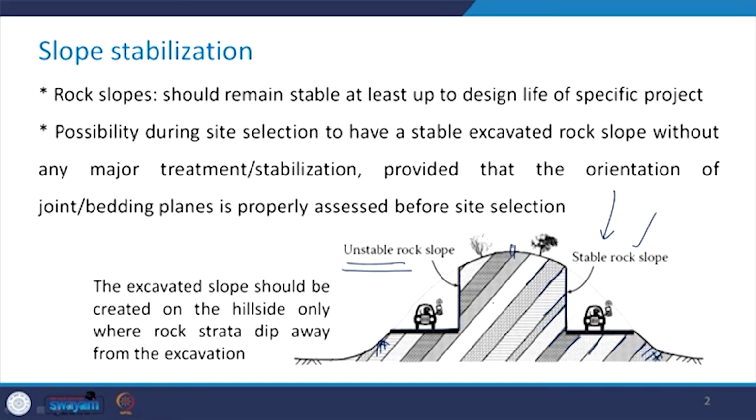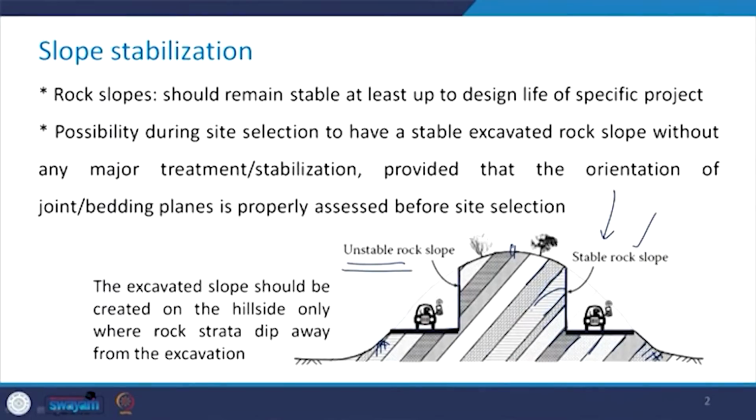So, the excavated slope should be created on the hillside only where the rock strata dip away from the excavation. Like in this case, on this particular side, it is dipping away from the excavation. So, it is stable.